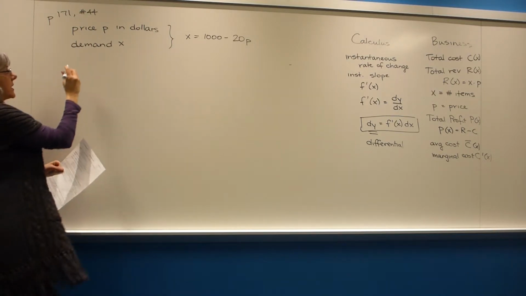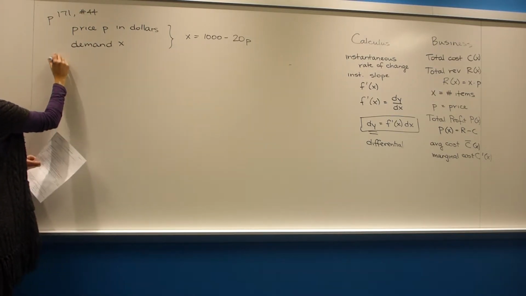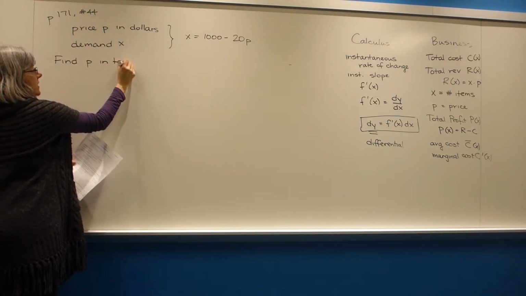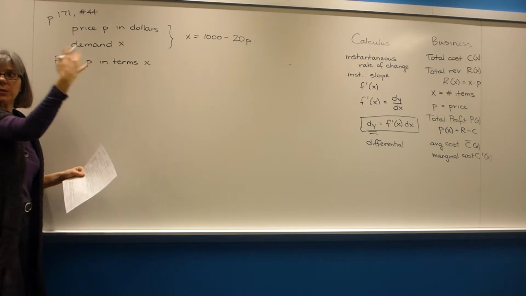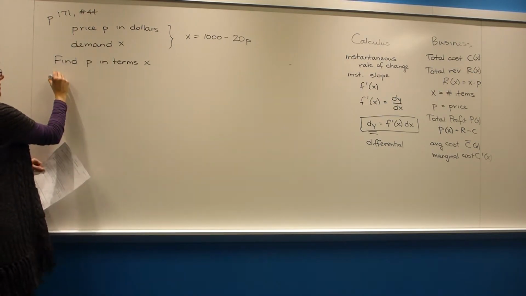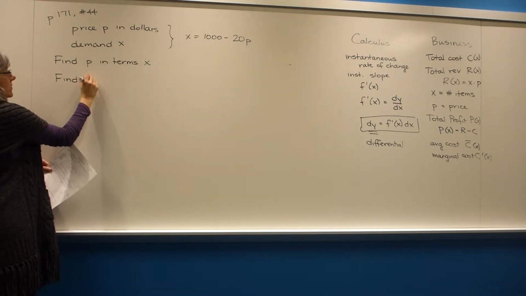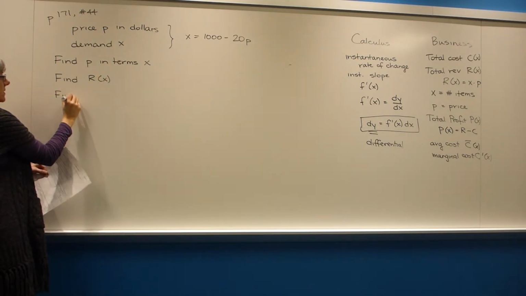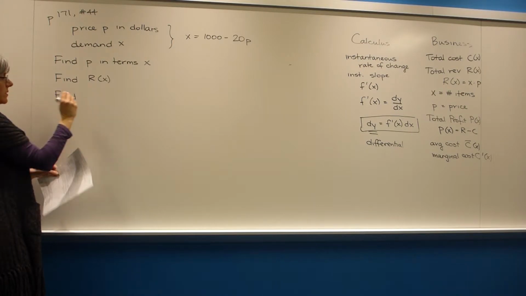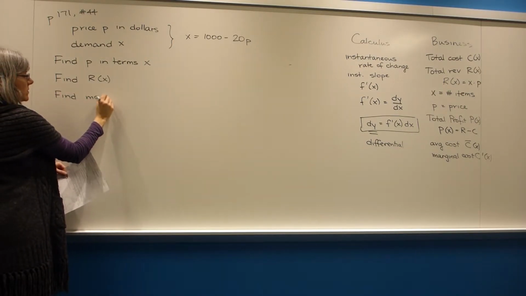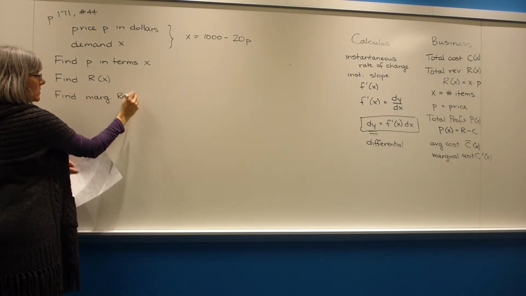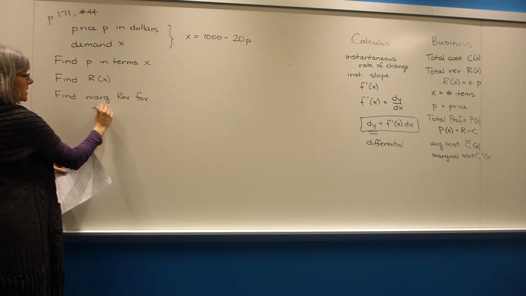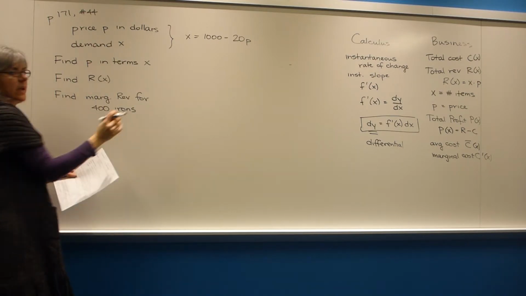So we have to do a couple of things. We're going to find the price in terms of X. Right now we've got X in terms of P. We need to solve it the other way. Find the revenue. And then find the marginal revenue for 400 steam irons and interpret.